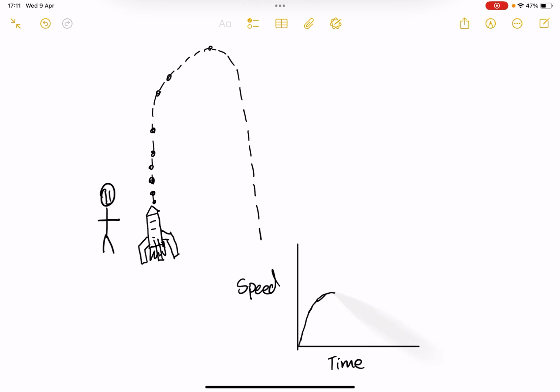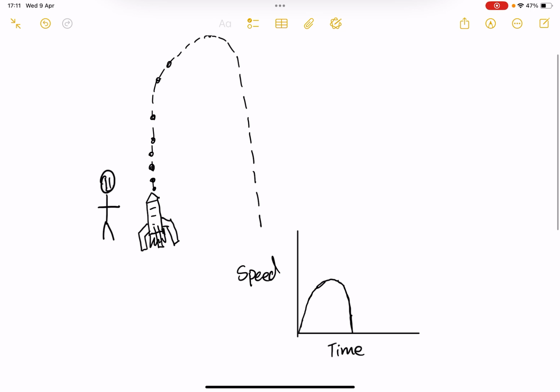Then the speed slowly gets less and less, so finally it hits 0. And then after that, the speed reduces and goes in the negative direction, meaning it falls down, keeps falling down, till it finally hits the ground, speed becomes back at 0. So these are all the times plotted.